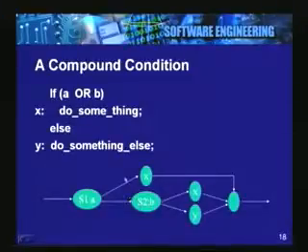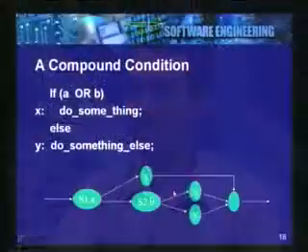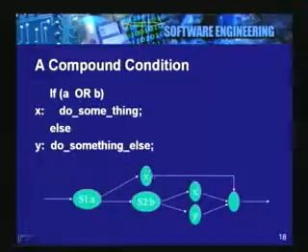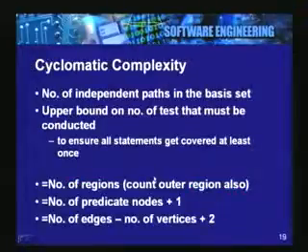So we need to carefully look at these compound conditions and formulate the flow graphs. Otherwise we will miss some of the branches, and then they become implicit and you do not cover them, and that will result in errors getting undetected because of not covering all the basic paths in the control flow graph of your program.